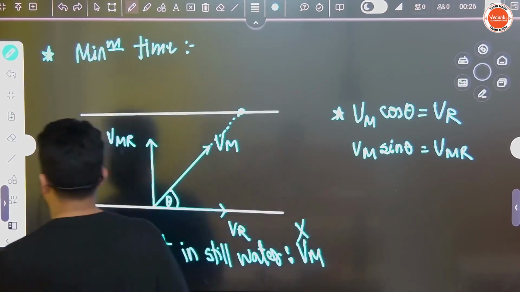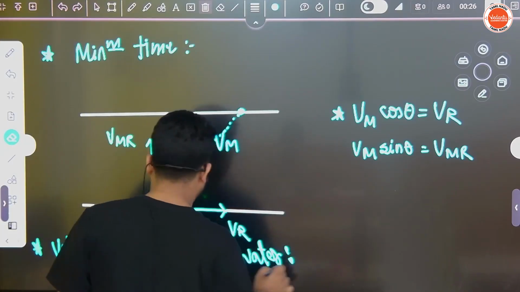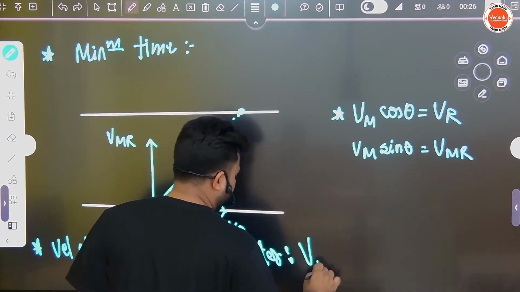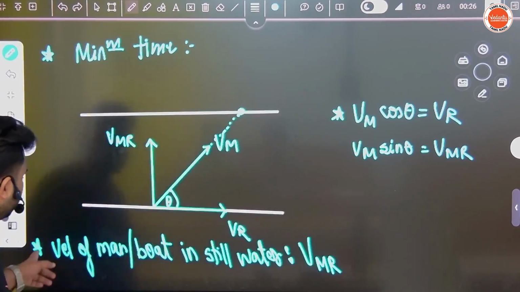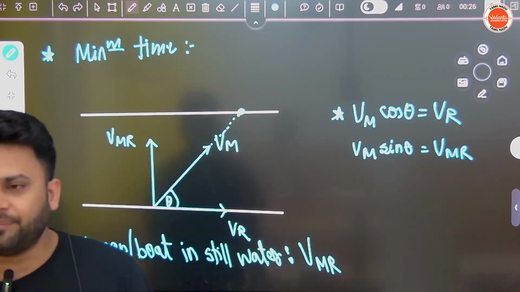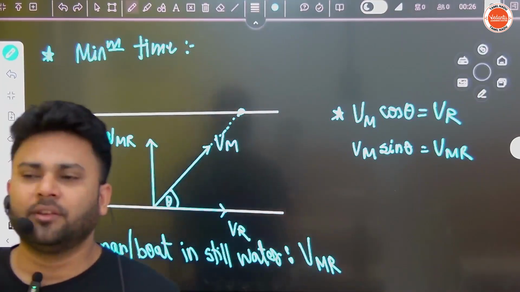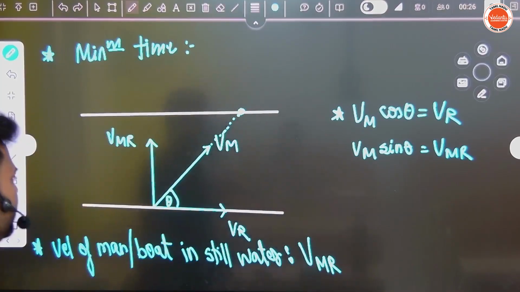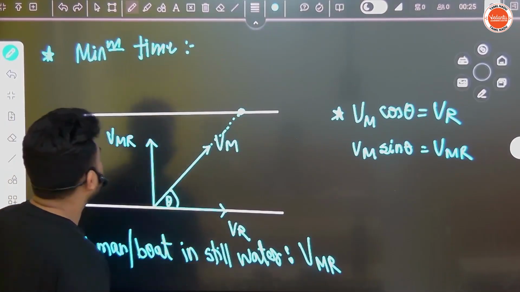This is basically velocity of man with respect to river. If they use this statement, this is just English. If they ask, the velocity of man in still water is this, they will give in the exam, the velocity of man in still water is 20 meters per second. So that is basically velocity of man with respect to river. Correct?